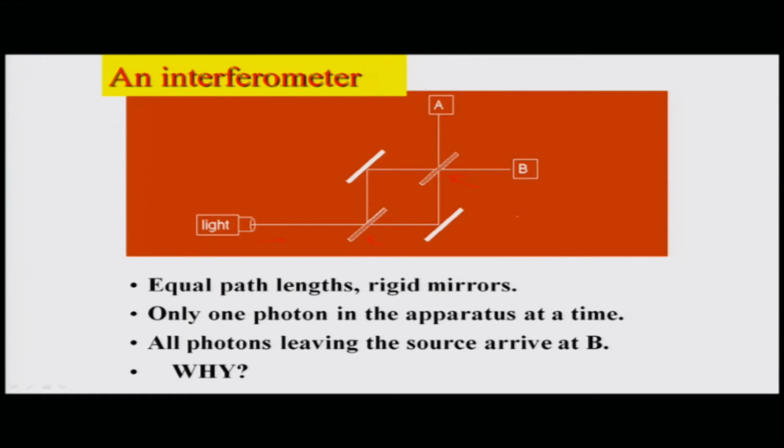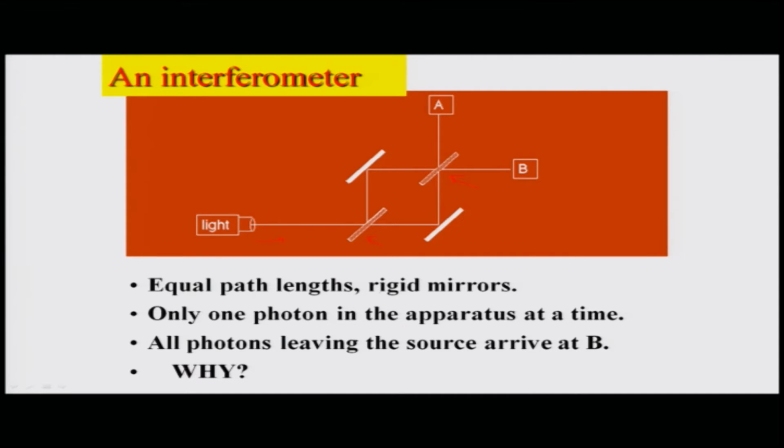If we do this kind of experiment, what we find is that all the photons leaving the source end up in B. This is the way things are. Then whatever we mentioned earlier in terms of the classical approach of looking at the beam splitter action as coin flipping does not work.